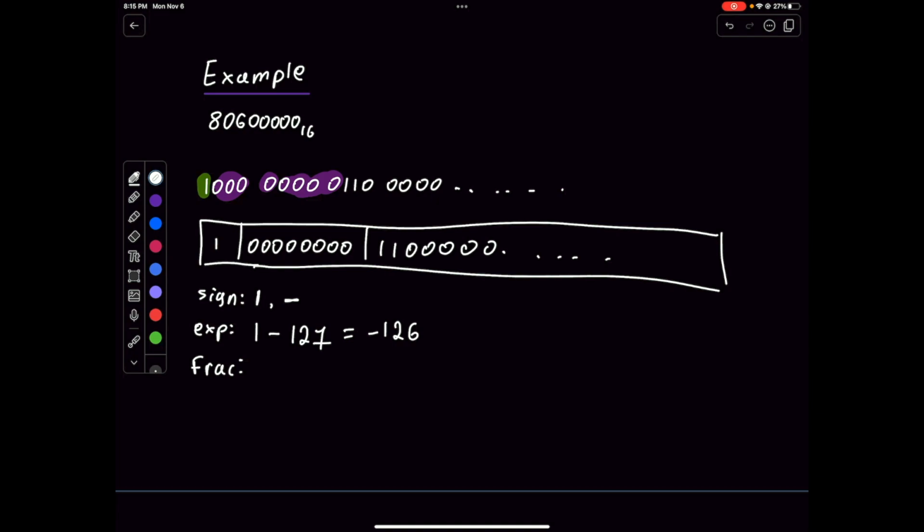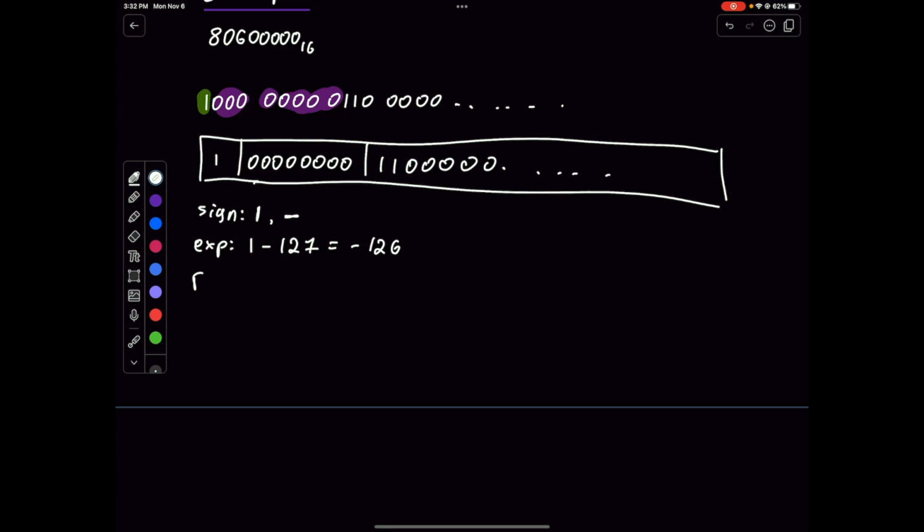This is because, as I said, negative 127 is used for this value over here. When it's all zeros, it's also used to denote zeros. So it is used for both zeros and denormal numbers. That is why we cannot use that directly. We have to say 1 minus 127, and basically we're saying 1 minus the bias.